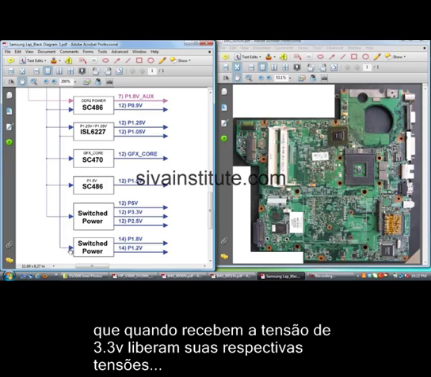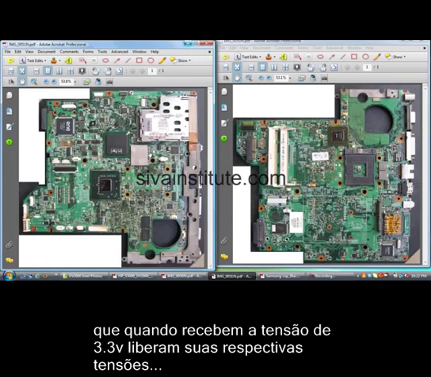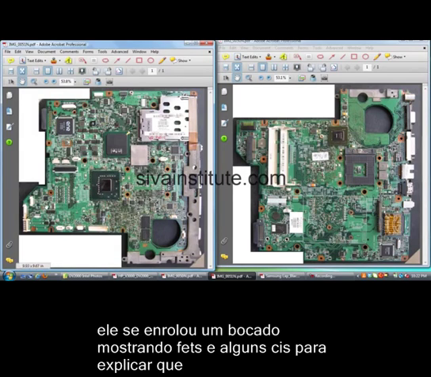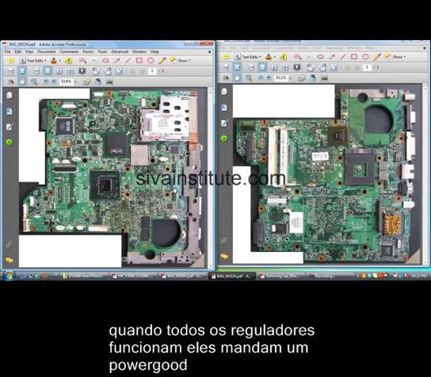This run power command comes to this IC, 3.3 volts comes to this IC. This voltage will release from these regulators. See here, all these regulators, and these regulators, all these voltages come out from these regulators.